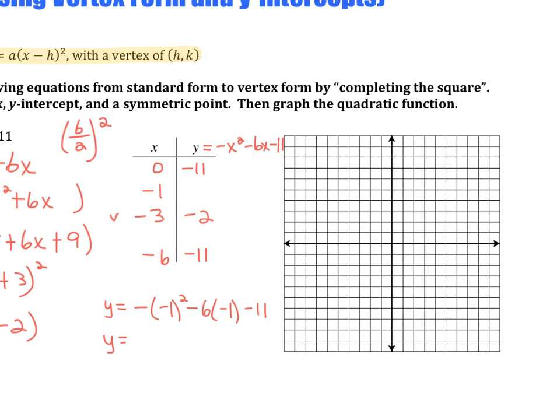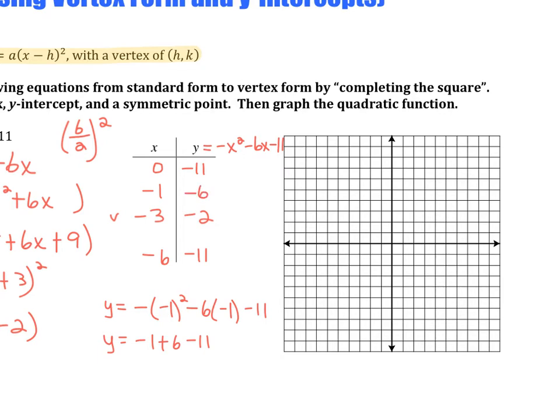Sometimes you're going to have to write some things down because you should be doing this without a calculator. So (-1) squared will be +1, but then I have the opposite of it out front. So in the end, that's going to be -1 plus 6 minus 11. That's going to give me -6.